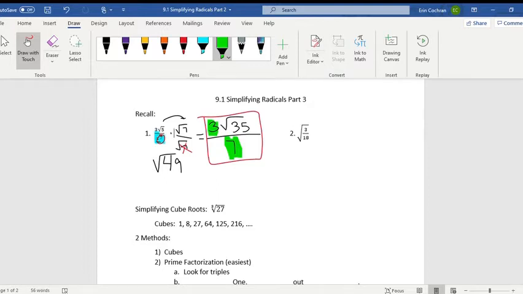Okay. Now, number 2, we can do number 2 a couple different ways. The first way is I notice that I have the square root of 3 over 18. So I could just break that down to radical 3 over radical 18. And then I could multiply the top and the bottom by the radical because I can't have a radical in the denominator, okay?